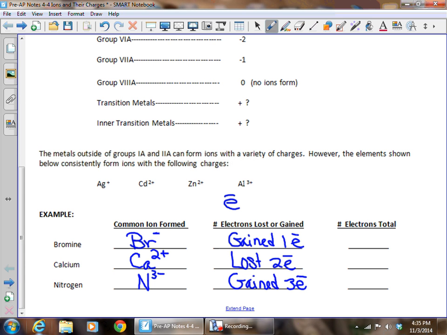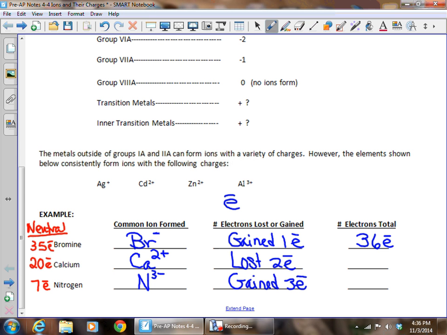Now let's think again. I just showed you how many electrons they have when they are neutral. So I'm going to make a little column over here for when it's neutral. Remember we said bromine had 35 electrons when it was neutral, calcium had 20 electrons when it was neutral, and nitrogen had 7 electrons when it was neutral. But now we just said that bromine gained an electron. If that's true, then the number of electrons in the bromide ion must be 36 electrons.